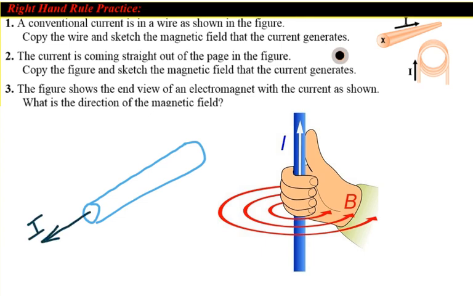Then I wrap my fingers the way the picture shows, and I will see that the magnetic field lines are going away from me on the top and toward me on the bottom. So the magnetic field lines are going to be in this direction.